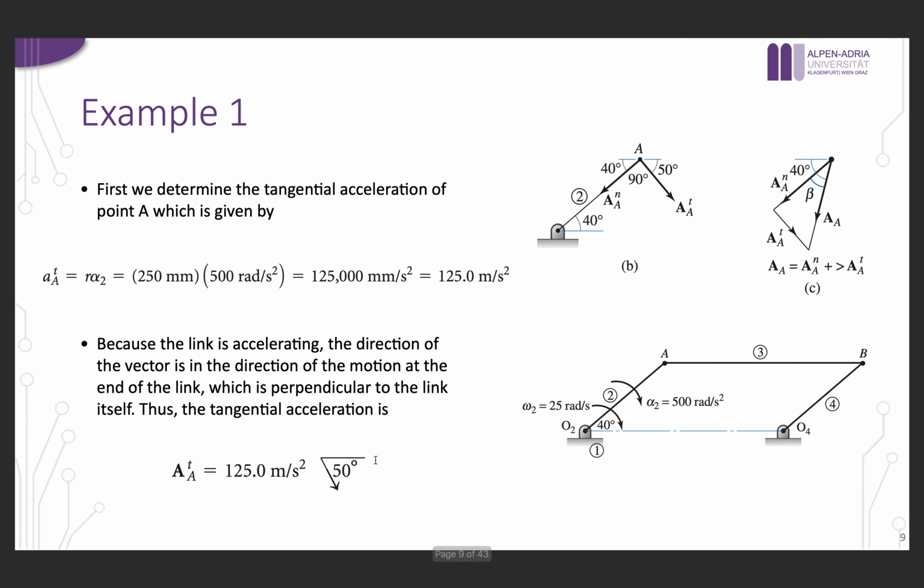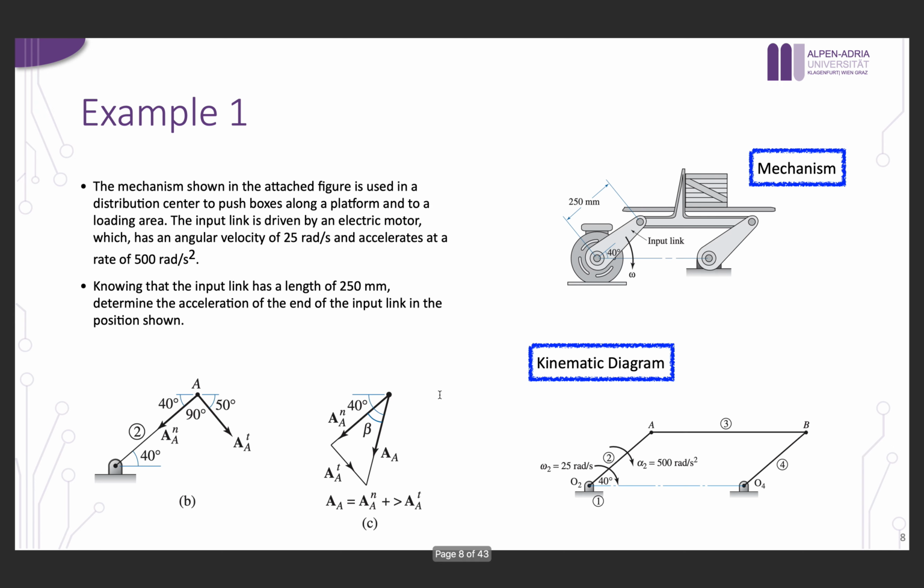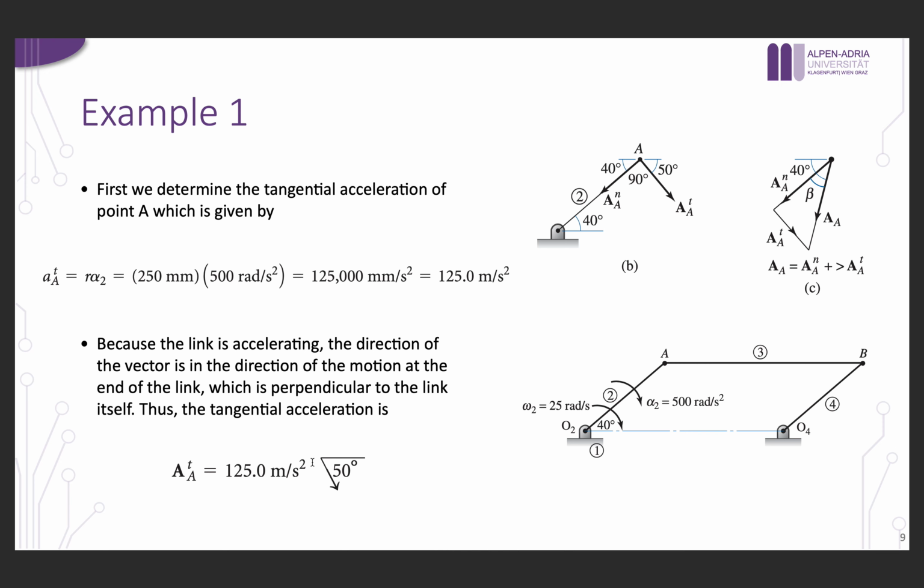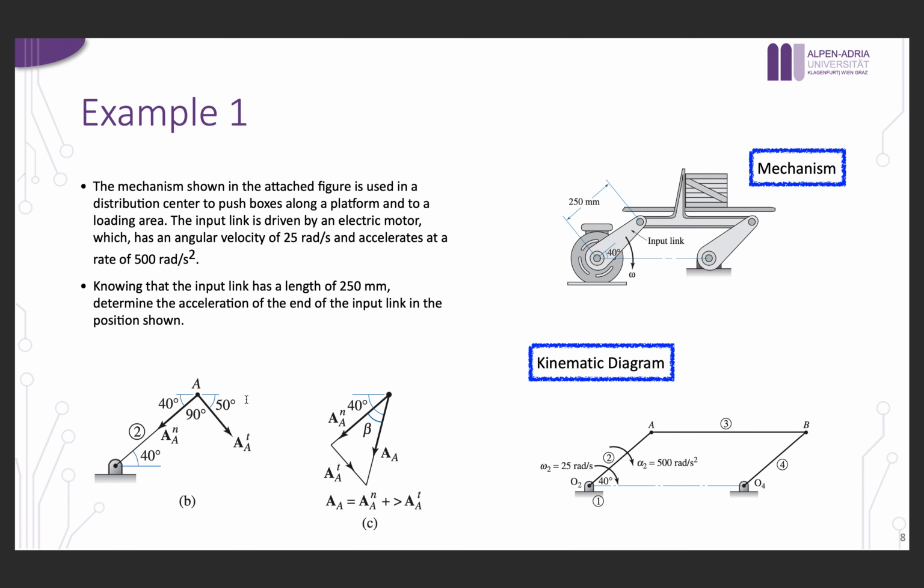It is important here to see what this sign is representing. This is the reference axis, which is our x-axis, all this one. And what we are seeing here, to represent the sign of this orientation, is that this is 50 degrees in this direction.